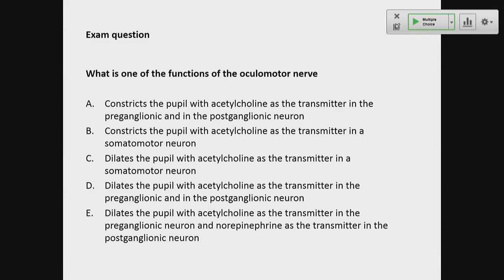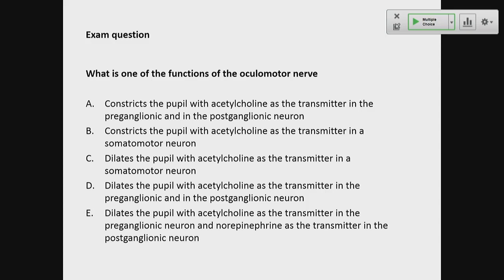The sympathetic nervous system does exactly the opposite, which is dilation of the pupil. The reason why none of these other answers can be correct is that the transmitters or the neurons actually don't match up.